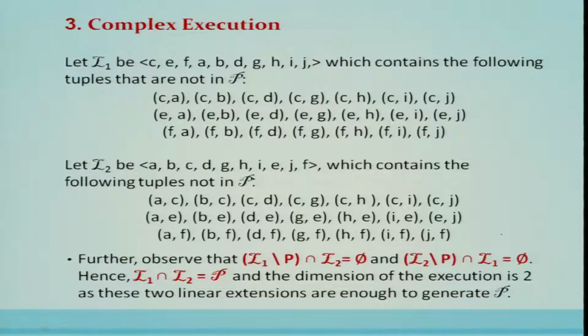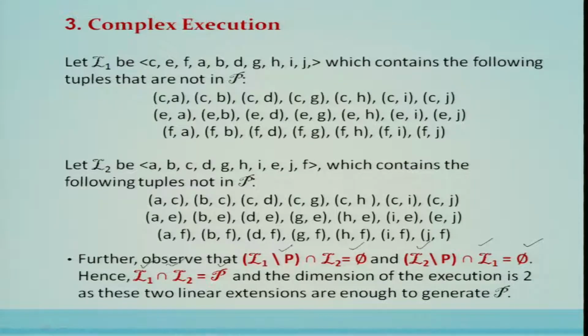L1 is a linear extension, L2 is another linear extension, and L1 minus the partial order set P intersected with L2 becomes empty, or phi. Similarly, L2 minus P intersected with L1 is also empty. Hence the intersection of L1 and L2, these two linear extensions, will generate the complete partial order.